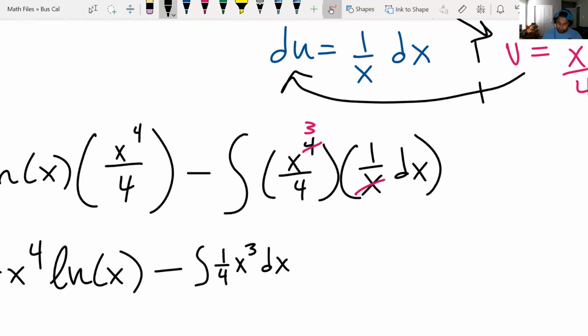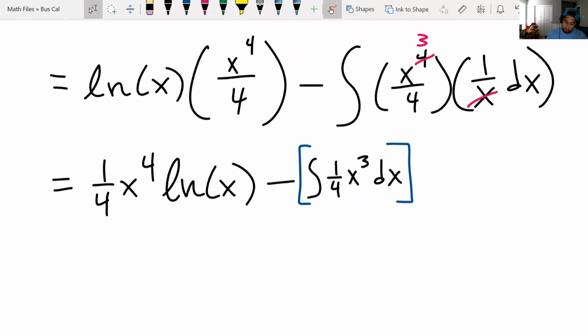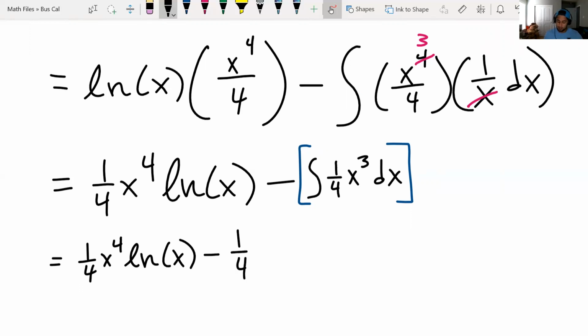All right. So that means, again, we only need to find the integral of 1/4 x cubed, which means that when we do the integral, I'll get 1/4 x to the 4th natural log x minus the 1/4 will stay outside, and we will power rule x cubed, which means, again, you'll get x to the 4th over 4.